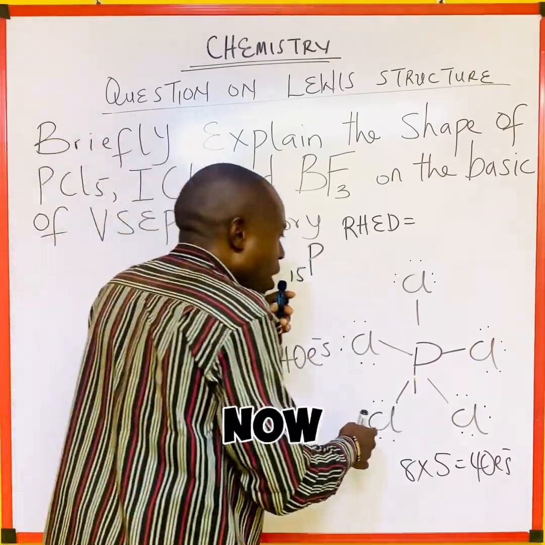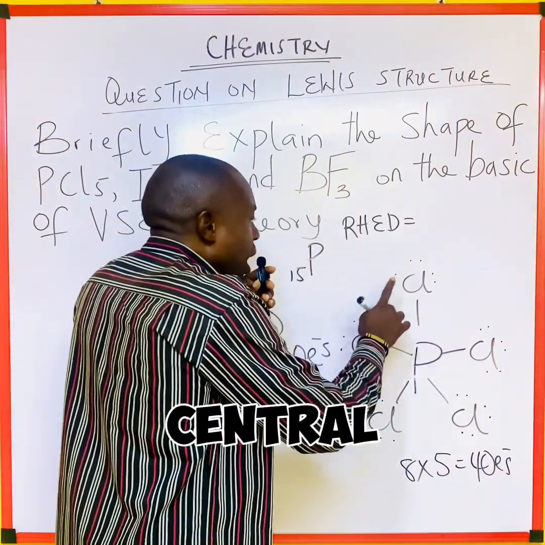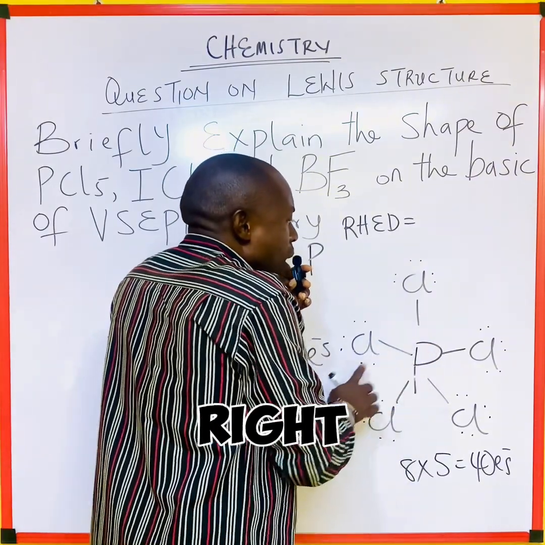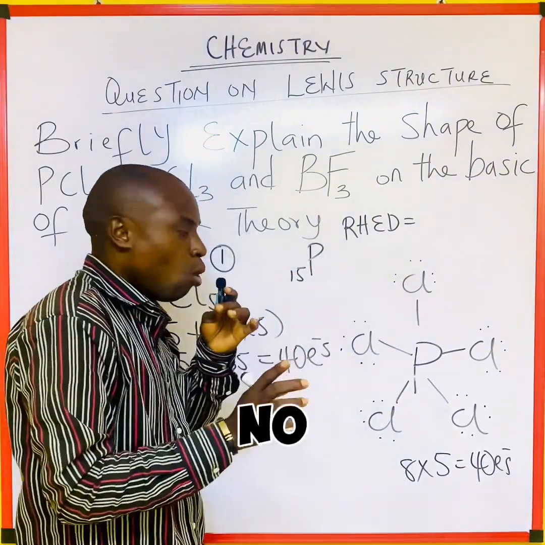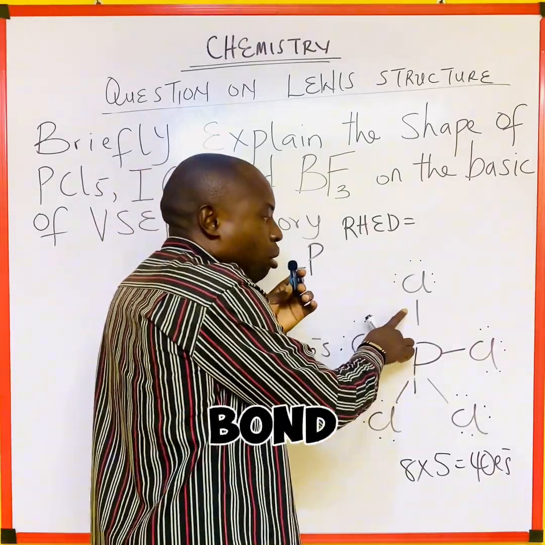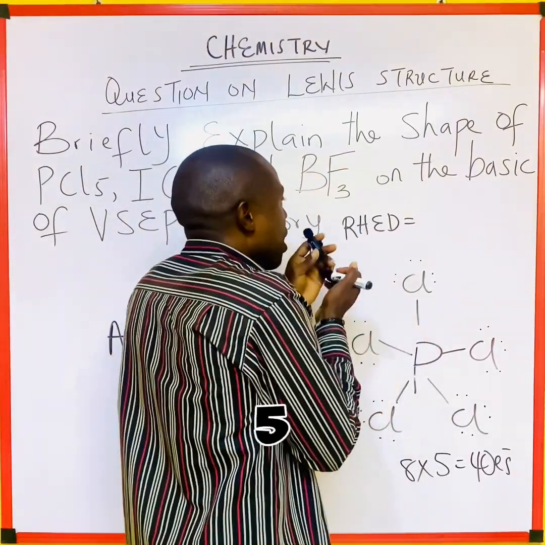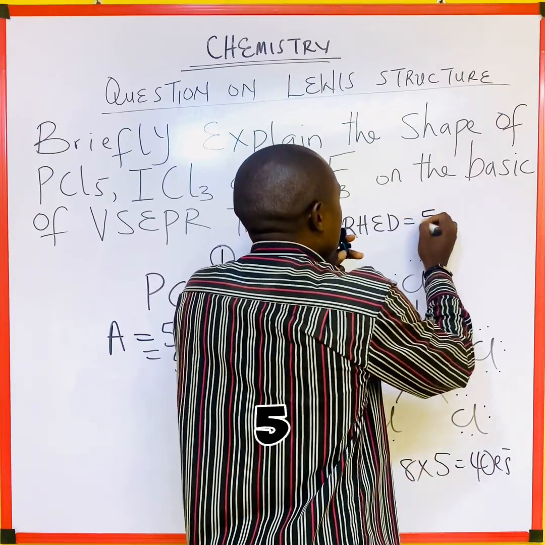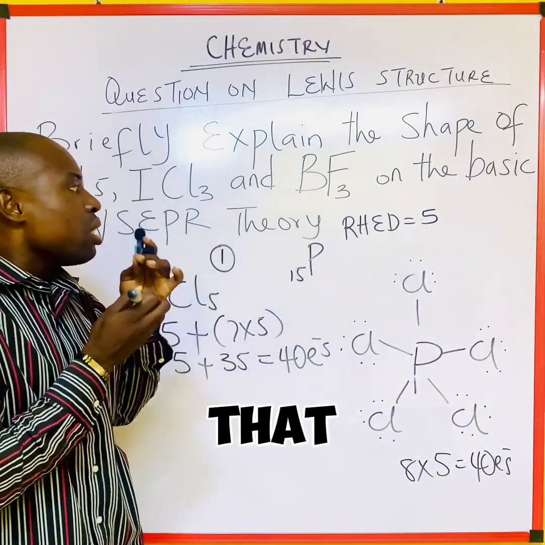The central element here is phosphorus. Does it have any lone pair? No lone pair. Does it have any bond pair? Yes, single bonds, 1, 2, 3, 4, 5. So here it is 5.